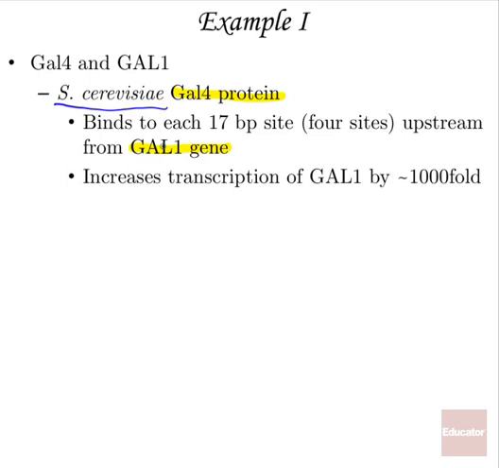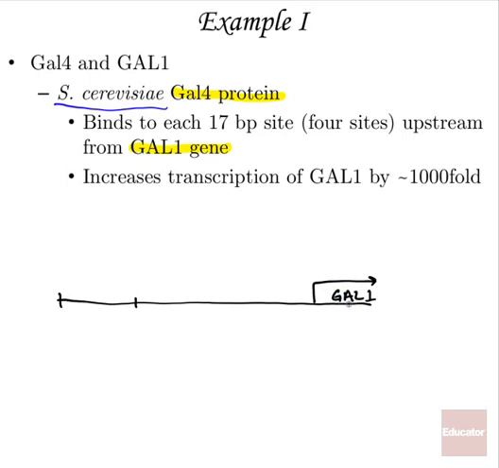So what this would look like, Gal4 binds as a dimer. And what we see here, if we draw this out, right here, this arrow, that's a shorthand form of saying that's where a promoter is, and Gal1, that's our gene.